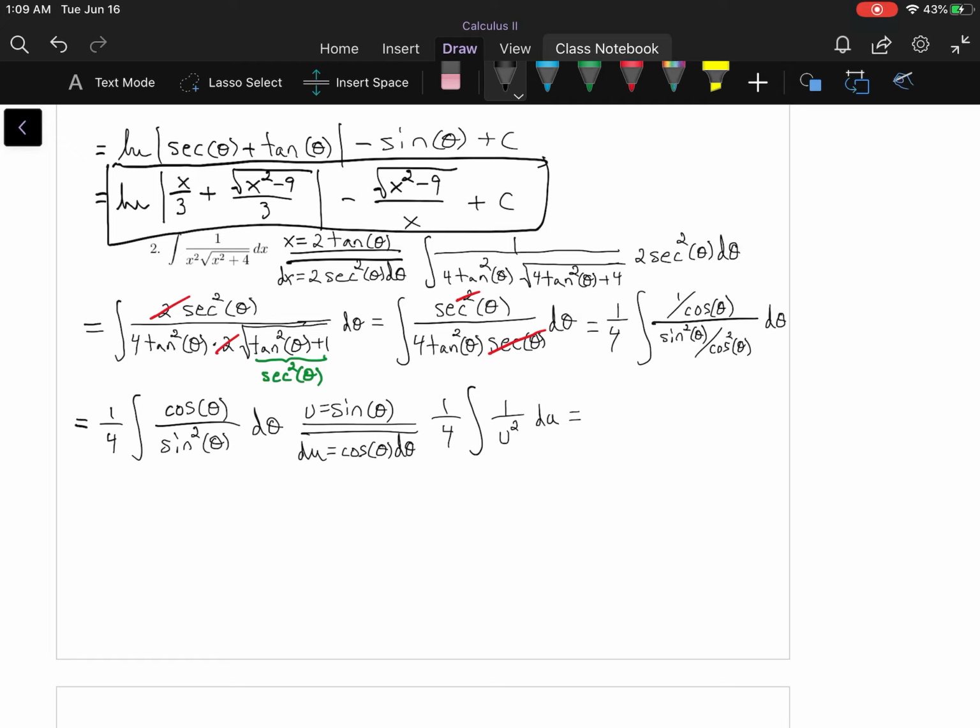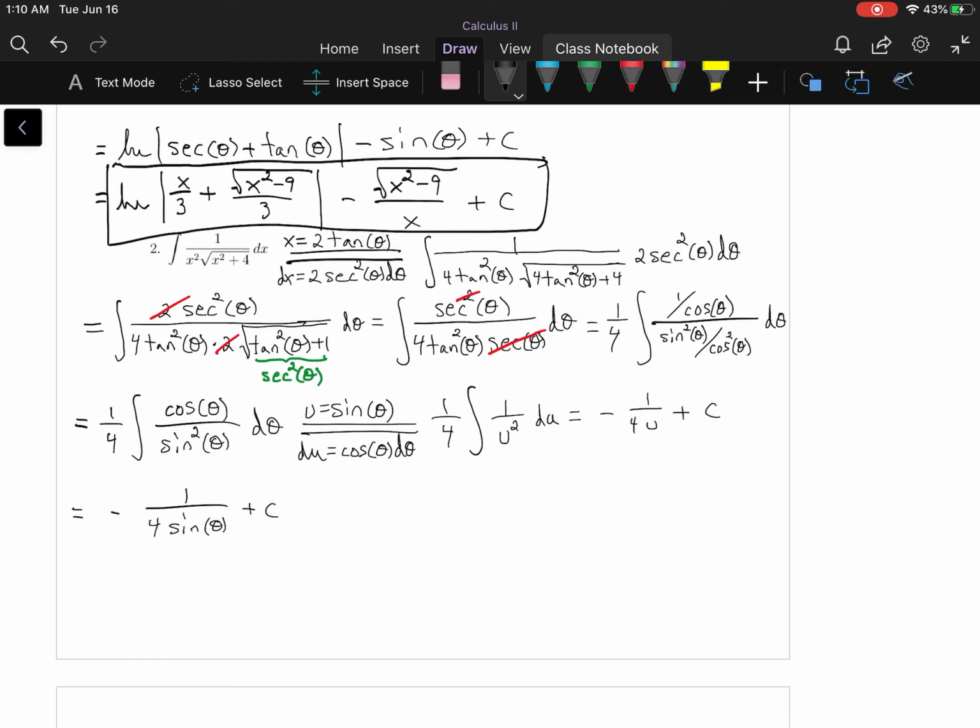So 1 over u squared is u to the negative 2, which gives me negative 1/4 times 1 over u, or negative 1 over 4u plus c. U is sine of theta, so this is negative 1 over 4 sine theta plus c. So I need to figure out what sine of theta is in terms of x.